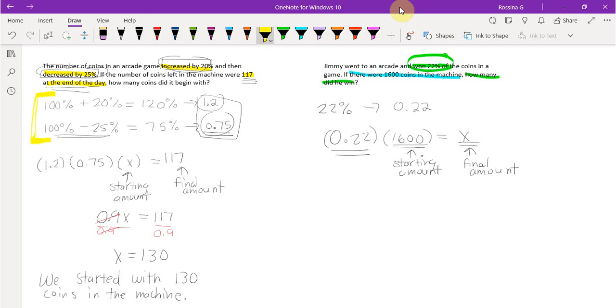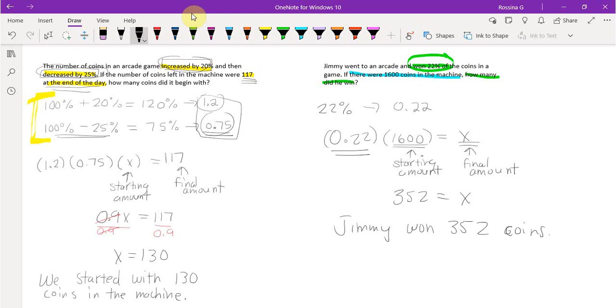We have to do this first when there's an increase or decrease. So that is the key difference in these two word problems. And then the math will just do the same. Just calculate 0.22 times 1600 is 352 equals X. So Jimmy won 352 coins from the arcade game.